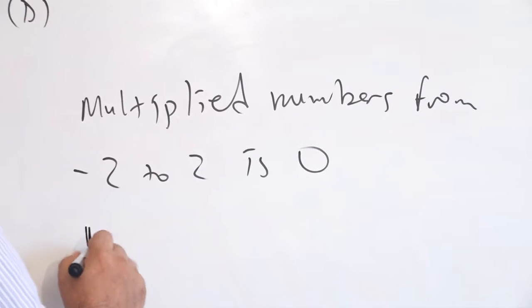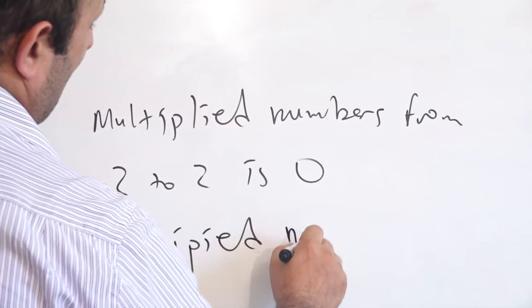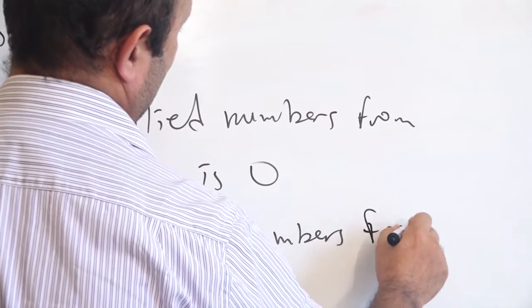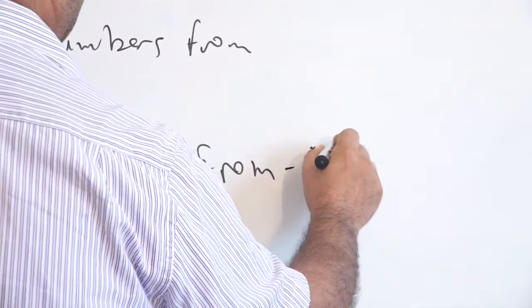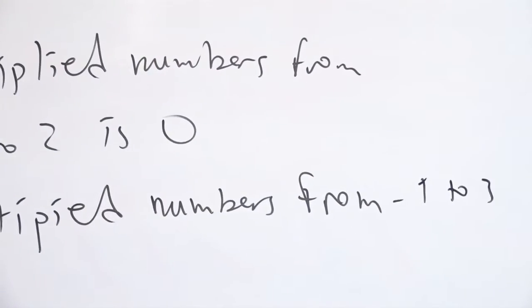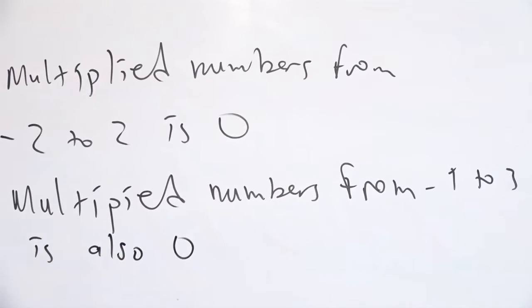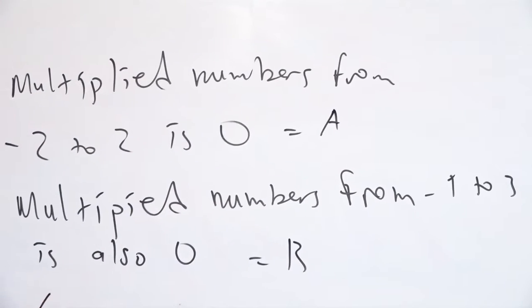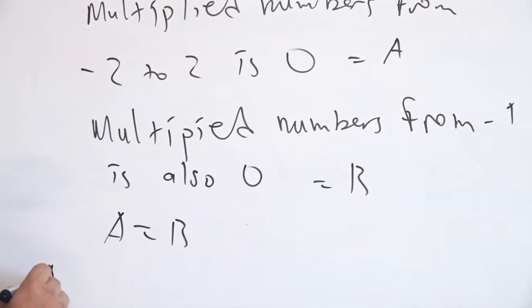And then multiplied all numbers from negative 1 to 3 is also 0. So if you say this is A and this is B, A is equal to B, so the answer is A.